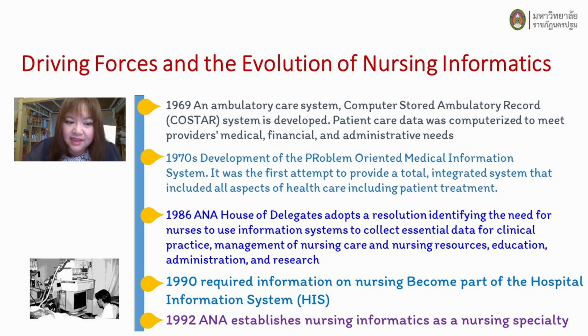And then in 1990, required information on nursing became a part of the hospital information system, or HIS, that you will see in this subject too. Nurses have to learn more about information science right now. And then in 1992, ANA established nursing informatics as a nursing specialty. Many years in the past.